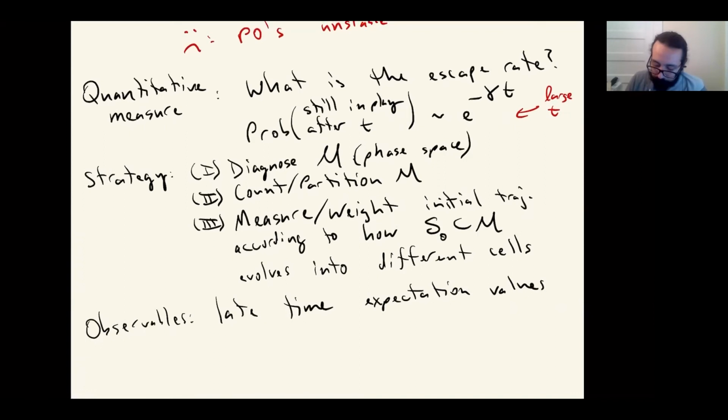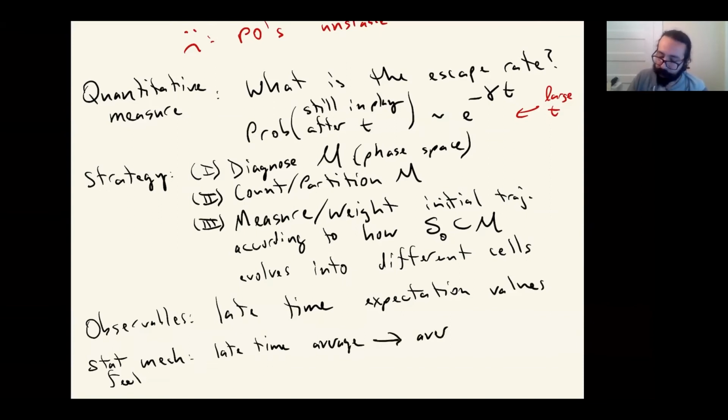The big picture here is that there's something with a very stat mech feel to this. We're trading a late time average for an average over these periodic trajectories.